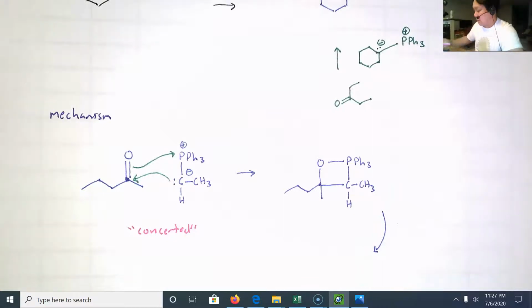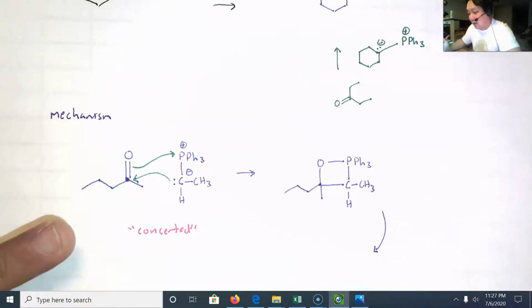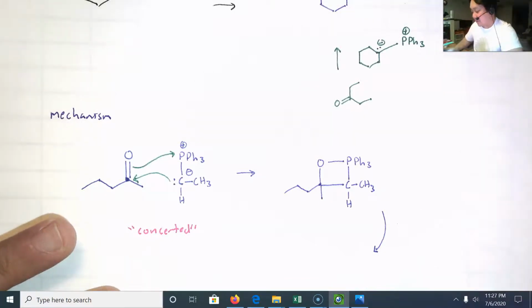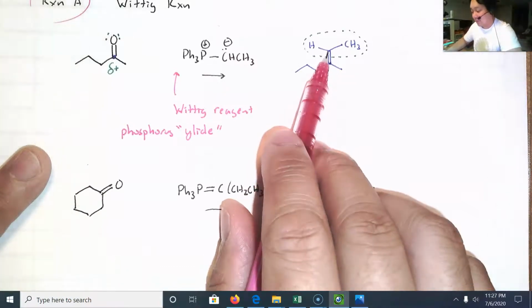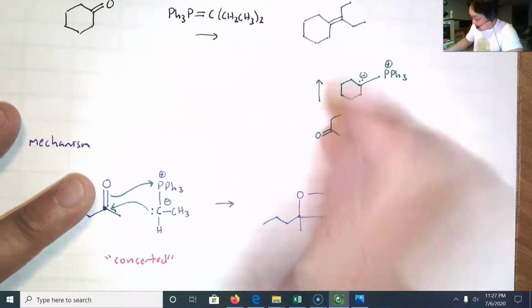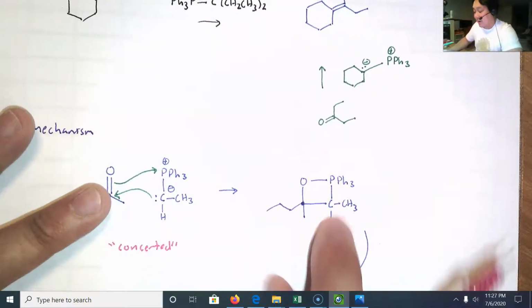Now, I like to call this collapse of the four-membered ring. And the way that I would collapse it is, well, think about what we need to make. We need to make a double bond between the dot and the carbon from the Wittig reagent. So the dot is here. The Wittig reagent is this part on the right, and we need to make a double bond there.